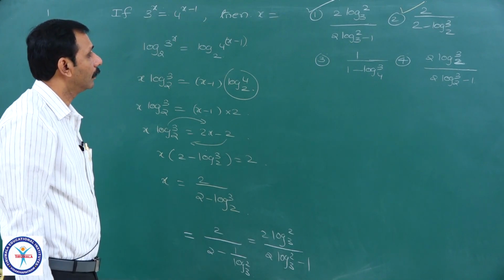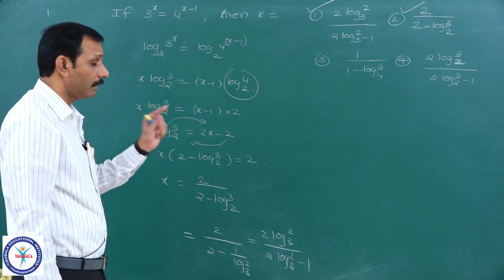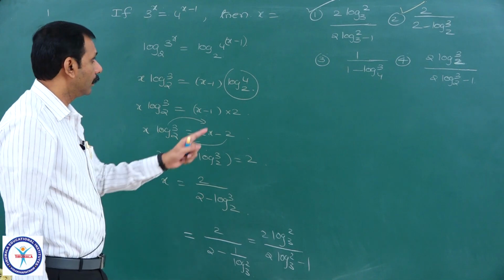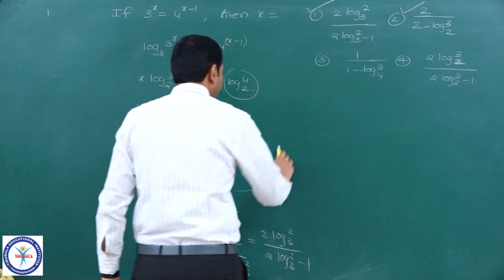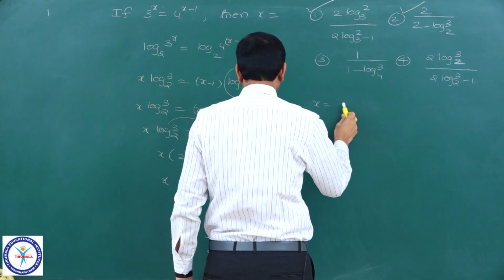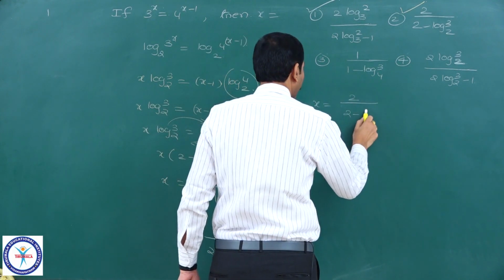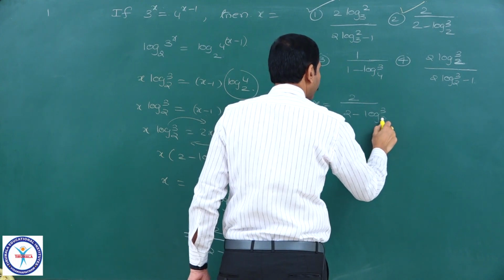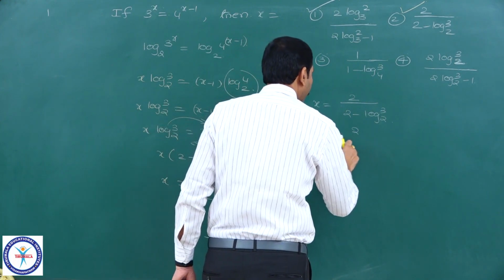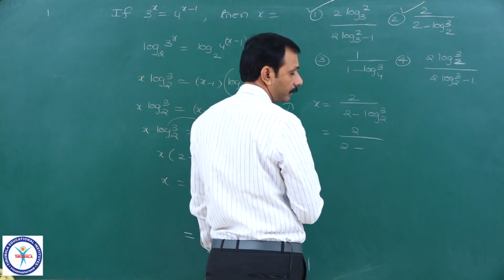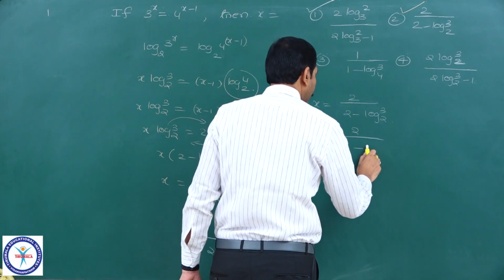Now, observe this third one. Here base 4 is there. I have taken this one: x is equal to 2 by 2 minus log 3 to the base 2. What I will do here? I will do one thing.